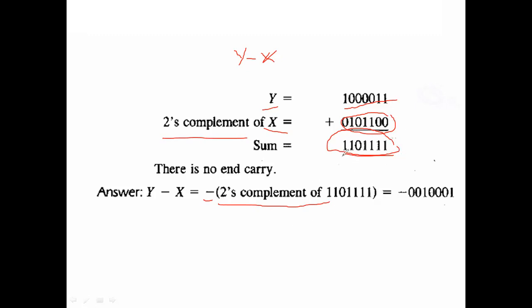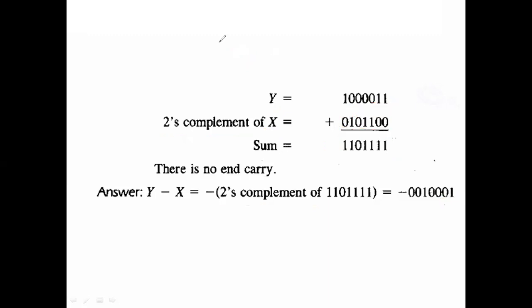Whenever we take the 2's complement of this, we get minus 0, 0, 1, 0, 0, 1. That is minus 17. Do you understand? In this way, we are getting the final result.